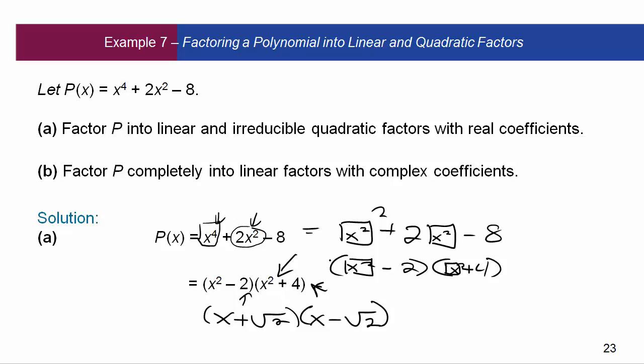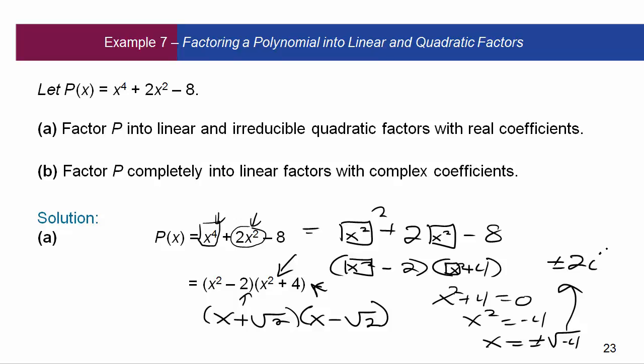This one isn't a difference of perfect squares, because it doesn't have a minus. So instead you think, well, if I set it equal to 0, right, x squared plus 4 equal to 0, that gives me x squared equals -4, which gives me x equals plus and minus the square root of -4. And you go, uh-oh, that gives me an imaginary number, right? That's plus and minus 2i.